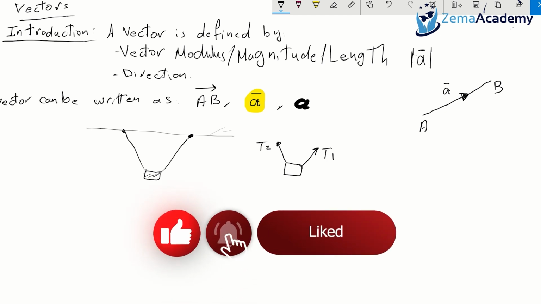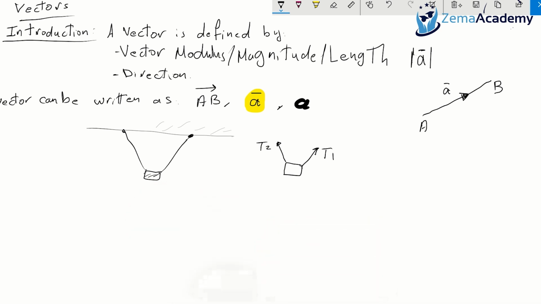So assume this is the ceiling and you have an object connected to the ceiling through strings or rods. The tension in the strings is T1 and T2, and we write them as vectors. The weight of the object, W, goes down.